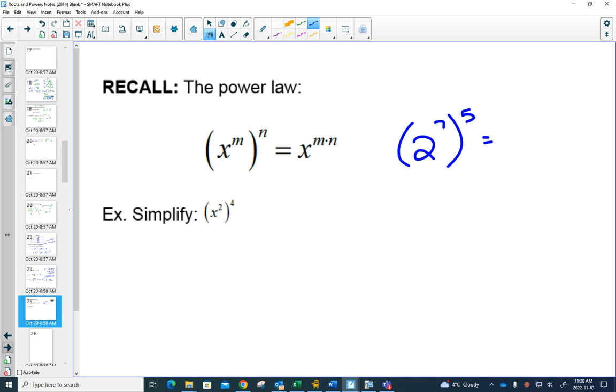And if you had 5 of those things, 7 2's, 7 2's, you would have 35 of them. And if you can see that with the 2's, then you can remember the rule.